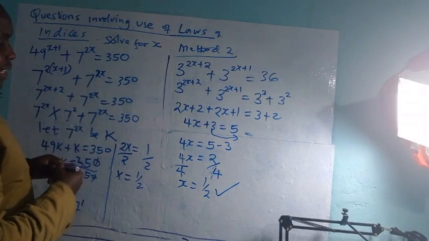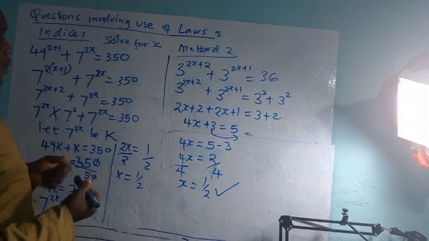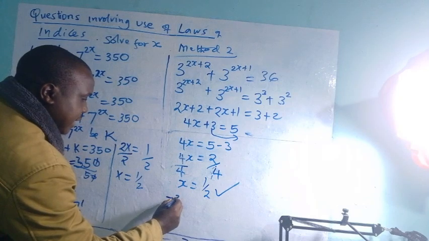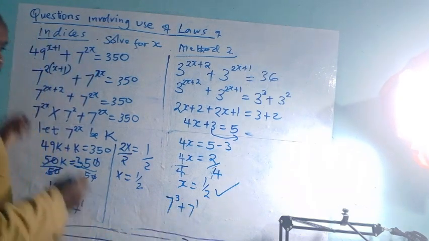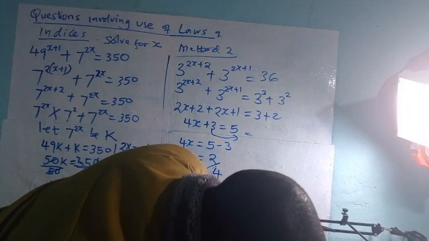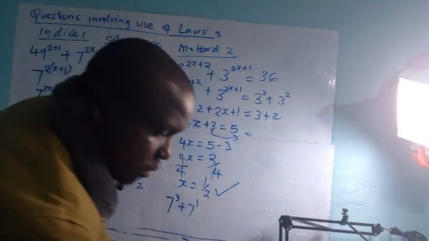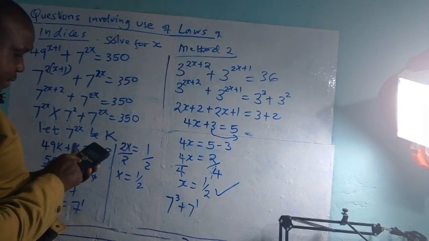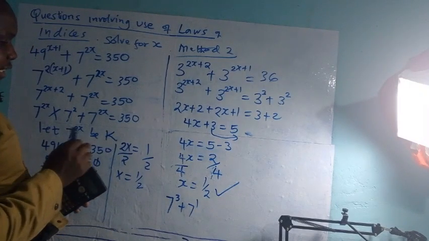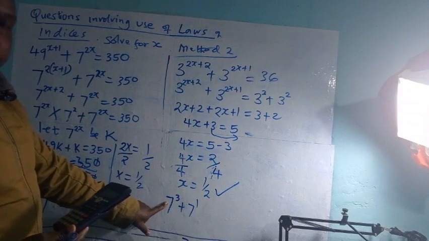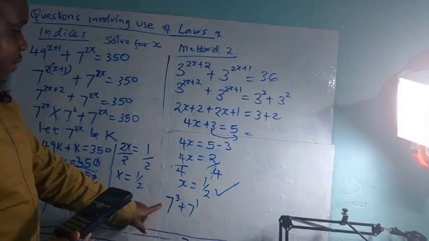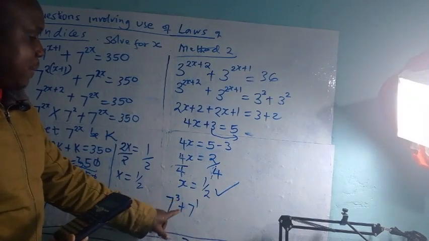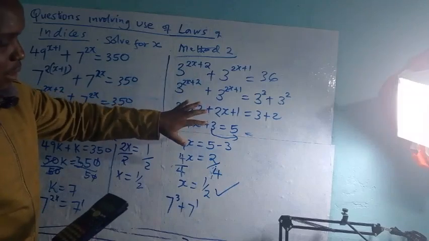That one I find challenging for some students, but if it is easier for you, 350 is the same as 7 raised to power 3 plus 7 raised to power 1. 7 raised to power 3 is 343. 343 plus 7, the answer is 350. So you substitute and you can get the same answer here.